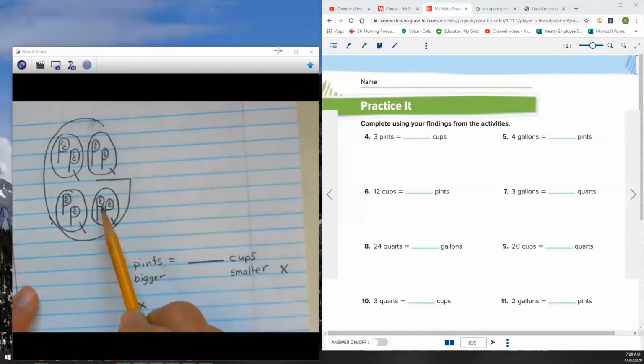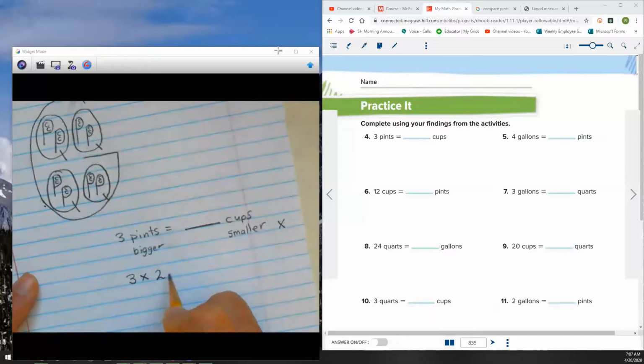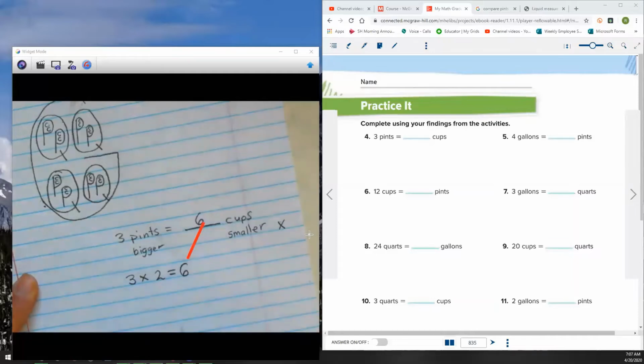Looks like inside each pint there are 2 cups. So that means I'm going to multiply 3 pints by 2, and that'll equal 6. So my 6 is the number of cups that are in 3 pints. So 3 pints is equal to 6 cups.